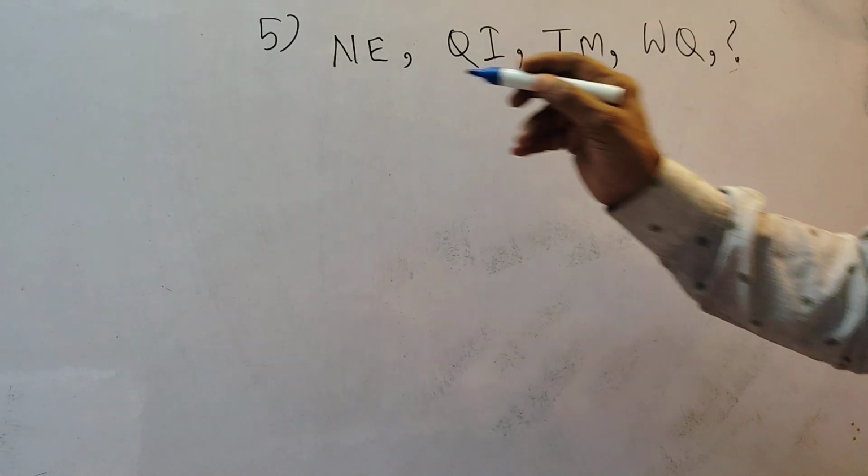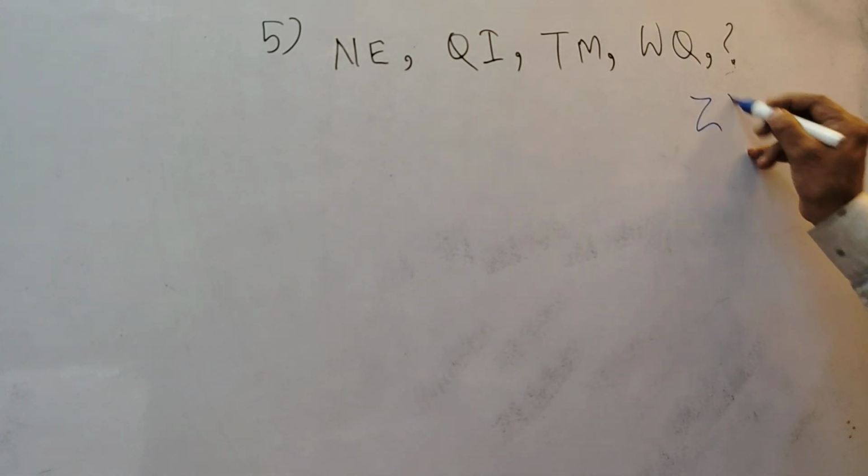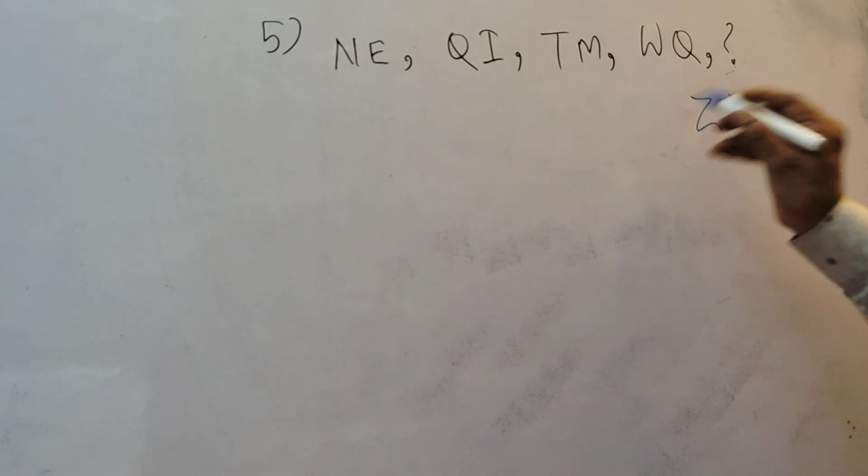Yes, your answer for the fifth one is ZV. Let us check it. ZV, ZU. ZU is the correct answer. C option is the correct answer. You wrote A option.